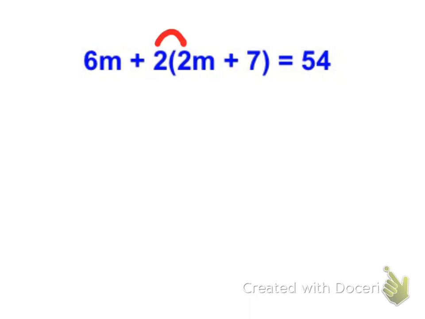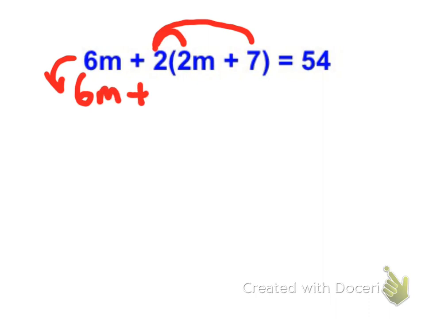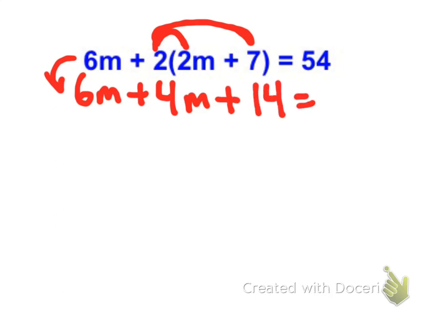So first we have to do the distributive property. I didn't do anything with this 6m, so I'm going to bring it down here. So I have 6 monkeys plus 2 times 2 monkeys is 4 monkeys. And then 2 times 7 is positive 14 equals 54.